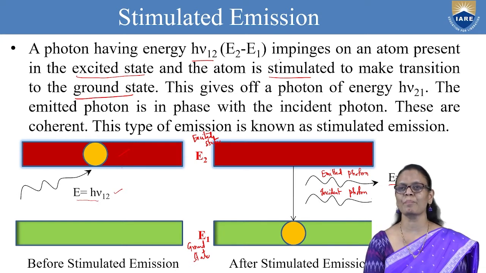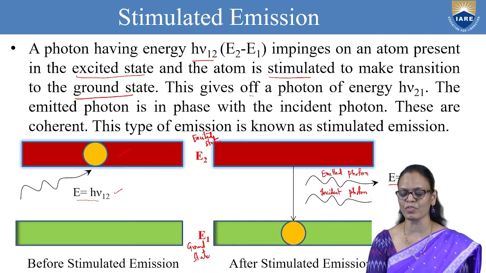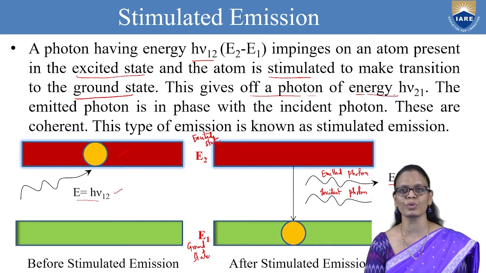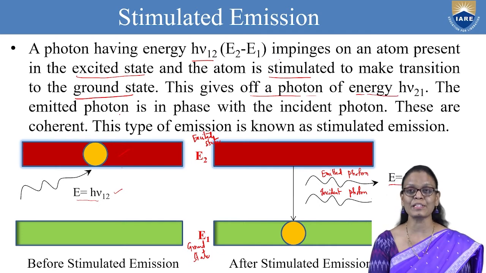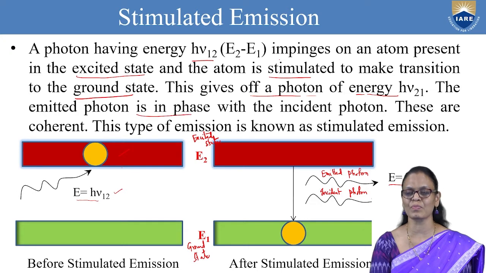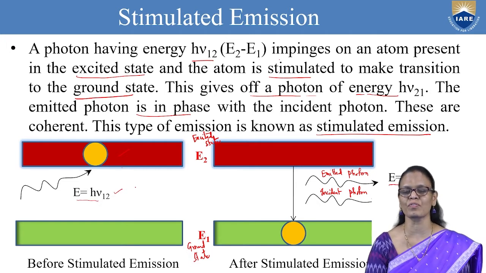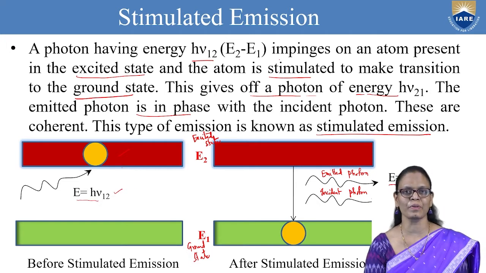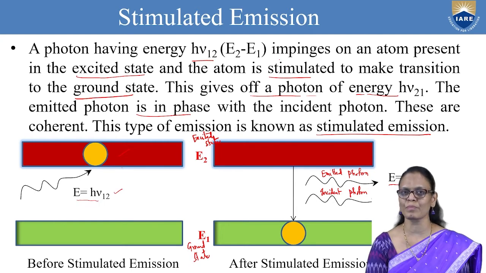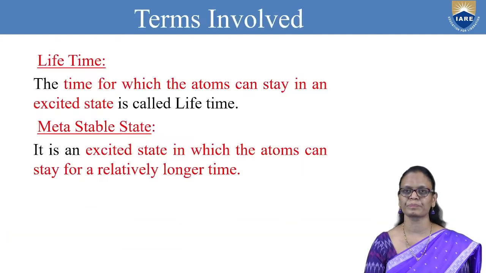So what is happening here is it gives off a photon of energy h nu 21. And the emitted photon is in phase with the incident photon, and they are coherent. So we are calling it stimulated emission. The entire process of emission of electron by stimulation, we are calling it stimulated emission.